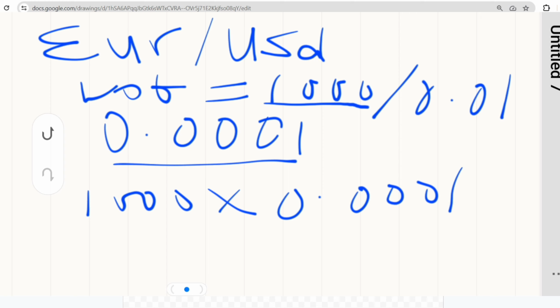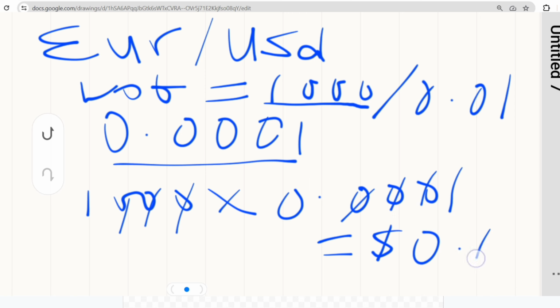So our answer, in dollars, is equal to $0.10. This is 10 cents. That's our answer. That means if you are using 0.01 lot, which is 1,000 units of the base currency in Euro/USD, you are expecting that 1 PIP value is going to be 10 cents.